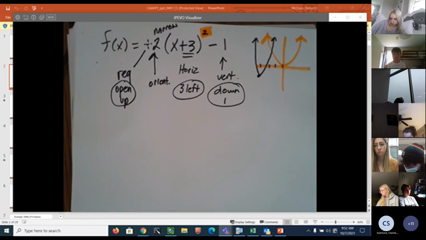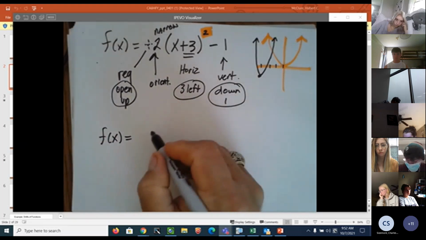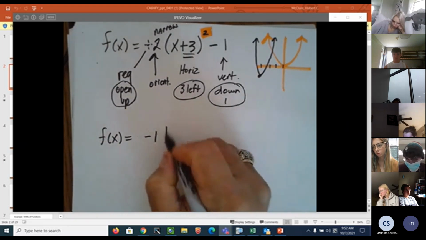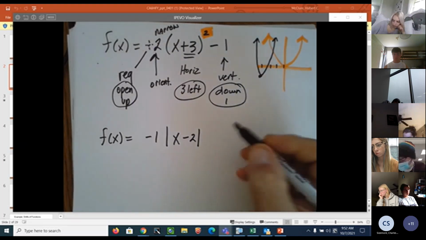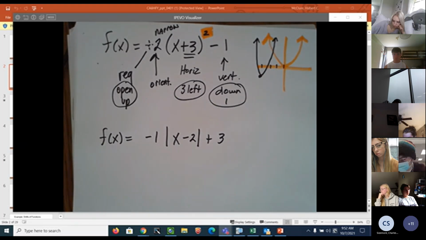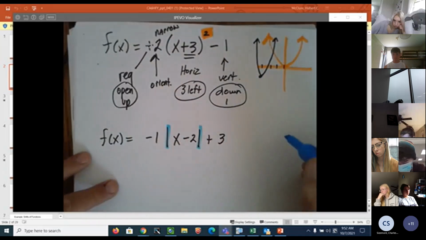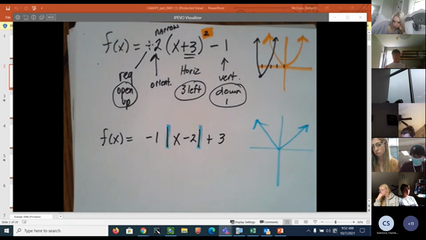So if I give you f of x is equal to -1 absolute value of x minus 2 plus 3, then you know, since you have the absolute value marks, that this is the absolute value. Your parent graph looks like that.